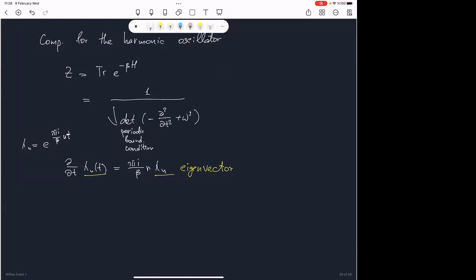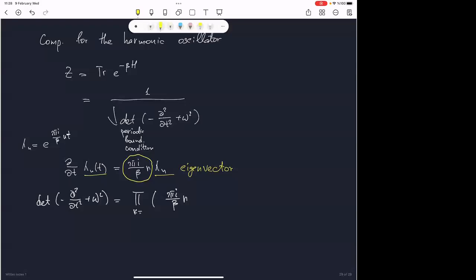What's the determinant now? The determinant of minus d squared dt squared, again with periodic boundary conditions, is some product, where the eigenvalue of d/dt is 2 pi i over beta times n.